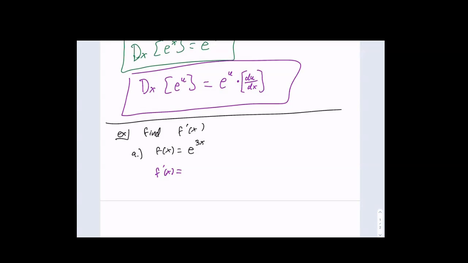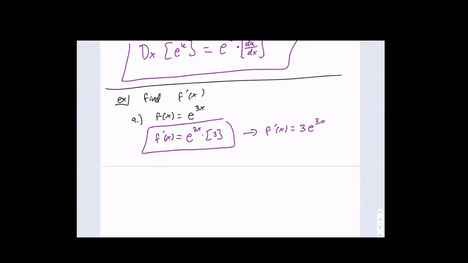Just for the notes purposes though, I want to write it as e to the 3x times 3. But as was written in the chat, this is f prime of x equals 3 e to the 3x. So that 3, sometimes we just write that 3 right in front. Once you get comfortable with these ones, I go with 3 e to the 3x. But for notes purposes and following the rule, e to the 3x times 3, and then of course we can simplify that. Perfect.